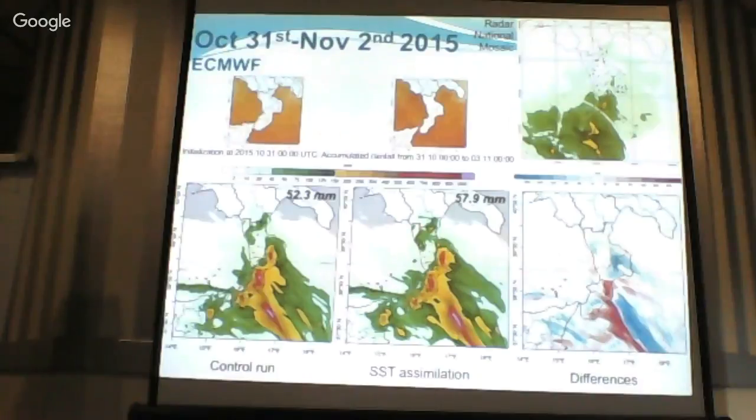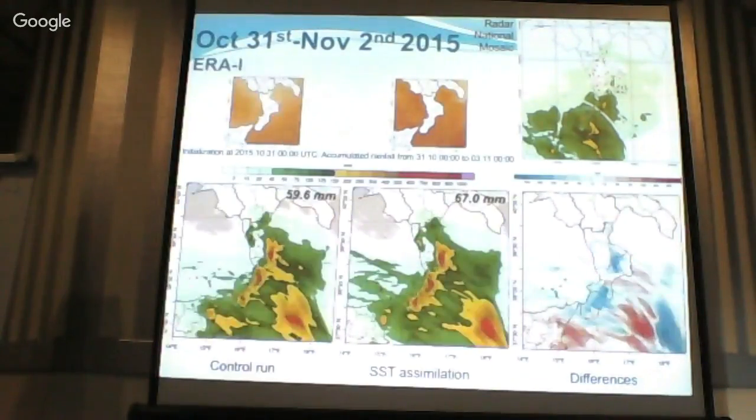Control run peak is on the west with respect to the SST simulation, and observation according to radar should be here. This happens also with ERA-Interim. You see the peak of SST simulation, peak of control run, observations.